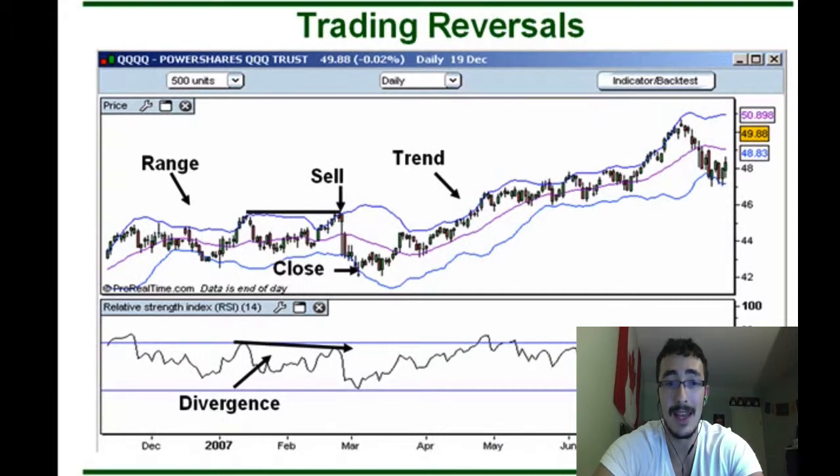We don't want to get out of the trade before it's finished and lose potential profits, so you're going to want to wait for a pullback off the bottom Bollinger Band line.